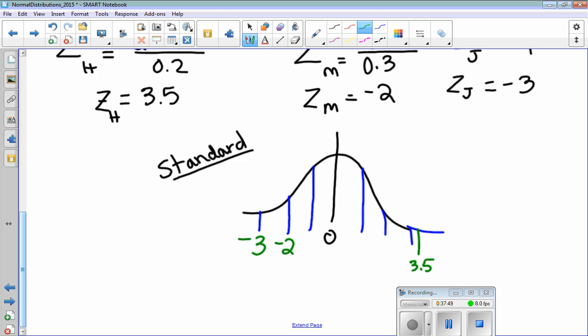The -3 performed the best because she had the smallest time. When we're talking about track, aren't we looking for the shortest, smallest time? Sometimes you want a small z-score, sometimes you want a big z-score. It just depends on the situation and the context. But it looks like to me that Jen is our track star. Okay?